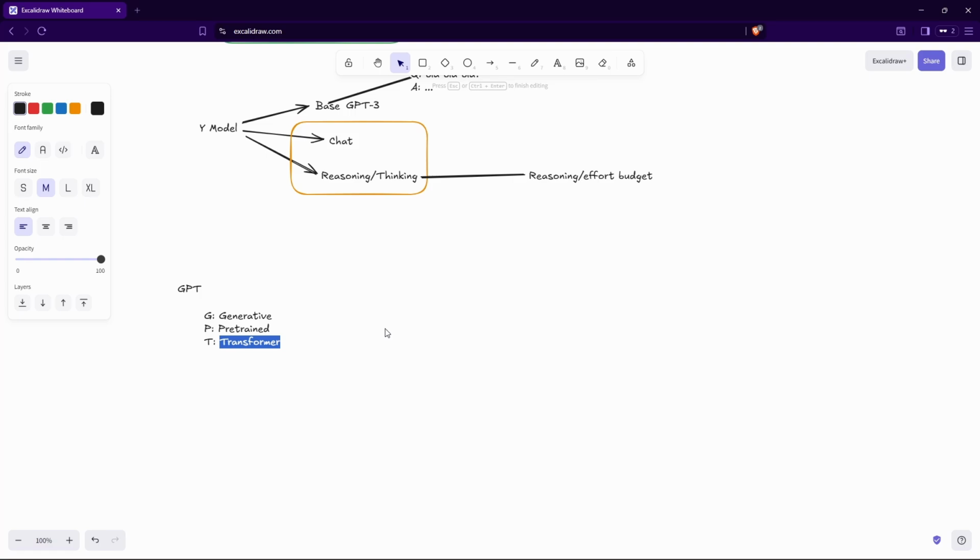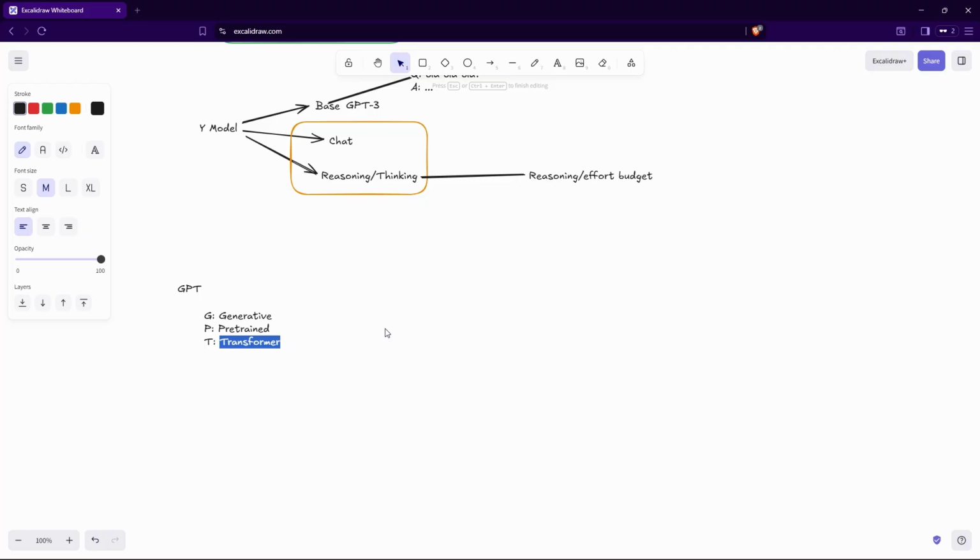The transformer architecture is something we spoke about in our class, and it is the key architecture behind modern LLMs and the GPT models specifically.